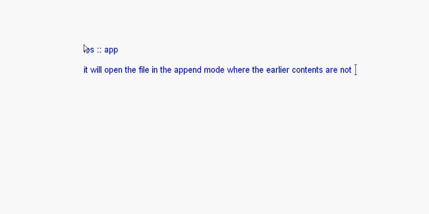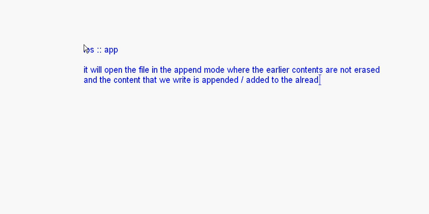The content that we write is appended or added, right, to the already existing information in the file. That's what it means, right? So if you want the earlier contents to be intact and you don't want that to be erased, then ios::app, that is the append mode, is the best one.